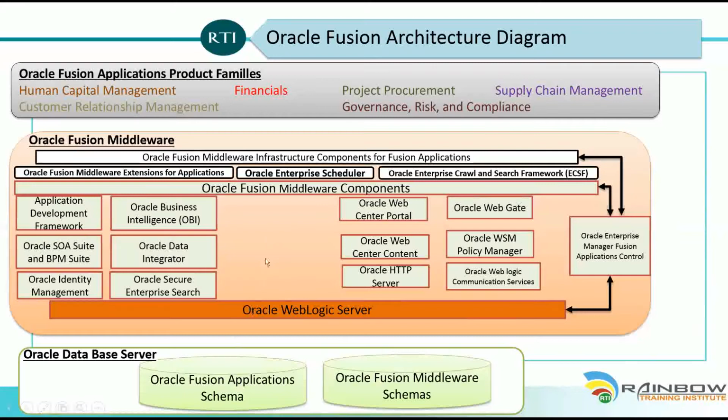And this database server. So all these three things are available, and the status of each and every component will also be monitored by the Enterprise Manager Fusion Applications. So we have Oracle Enterprise Manager Database Control, which will monitor the database status.